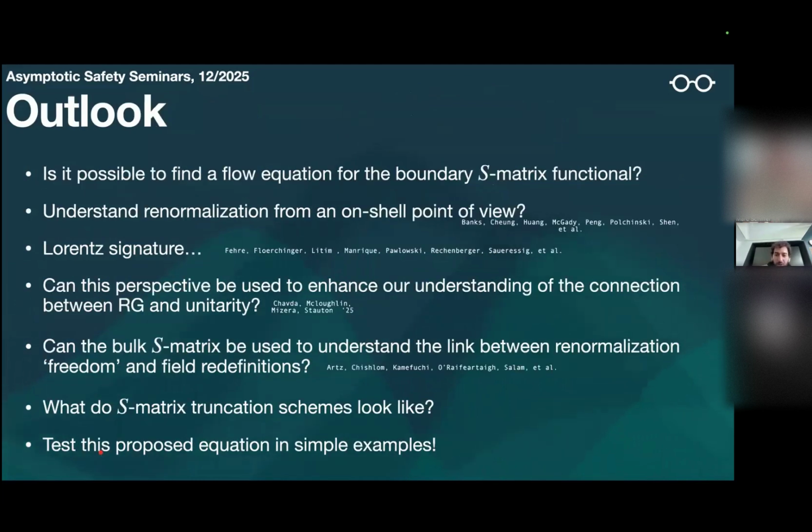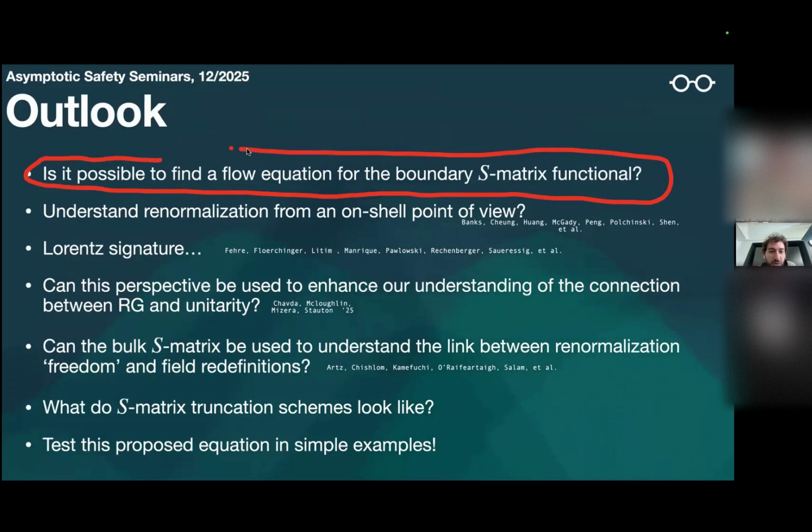As more of an outlook, I also wanted to say a few words. I already mentioned the main question that we would like to address in the future, and perhaps discuss today, which is whether it's possible to find a flow equation for the boundary S-matrix functional.